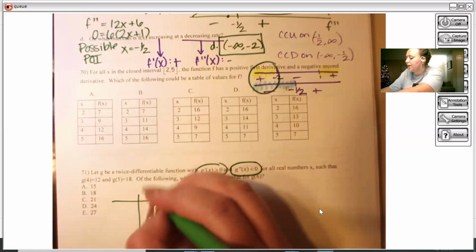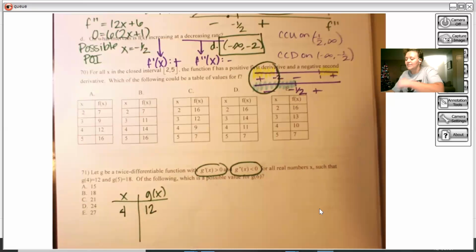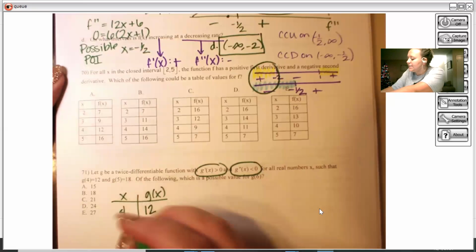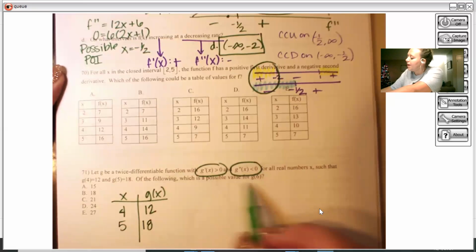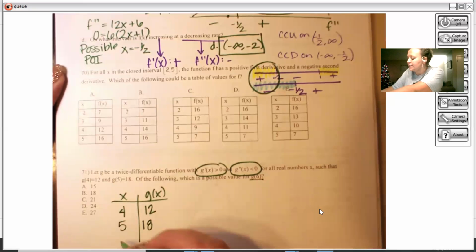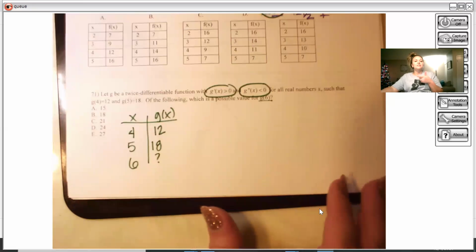So let's make a little chart here. When x is 4, y is 12. And G of 5 is 18, meaning when x is 5, G is 18. We're trying to pick a possible value for G of 6.